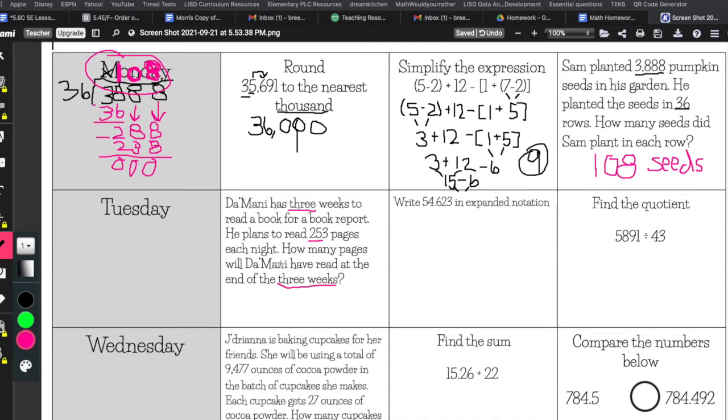Here's what's confusing you guys. You're going to think you multiply by 3. You're wrong. He is reading 253 pages per night, not per week. So we need to figure out first how many days are in 3 weeks. Well, I know that 1 week has 7 days.